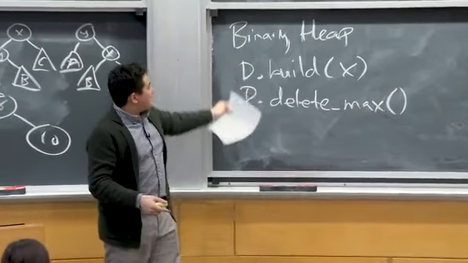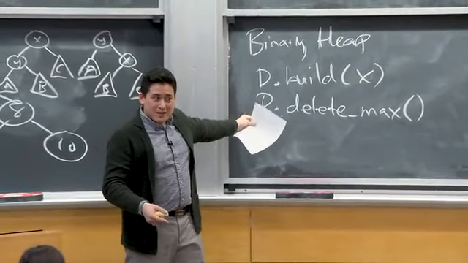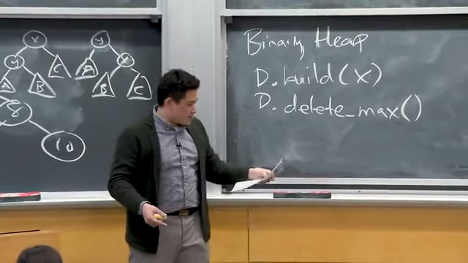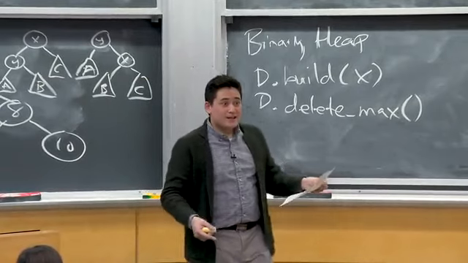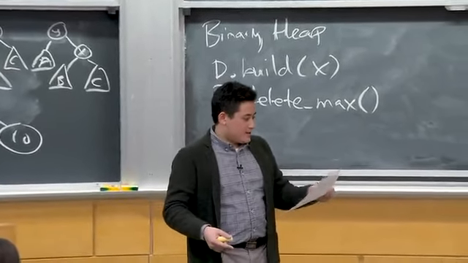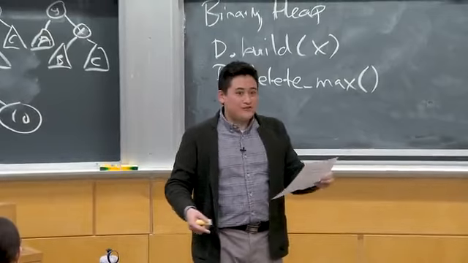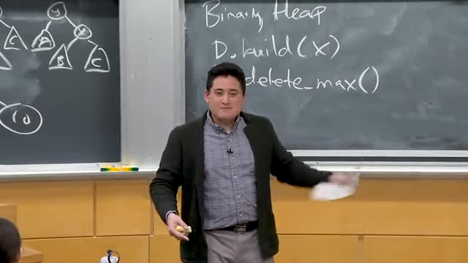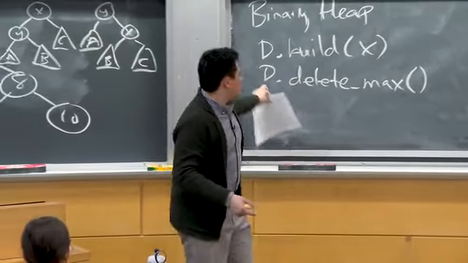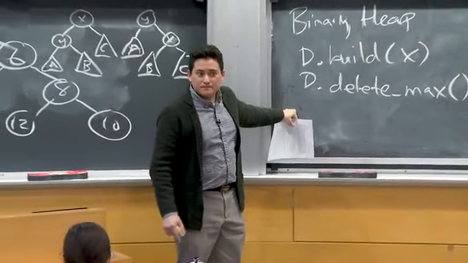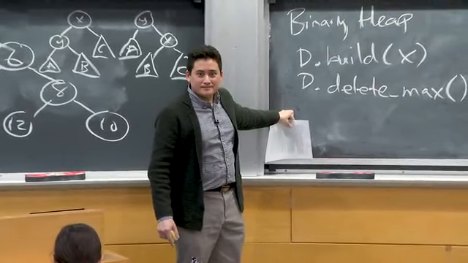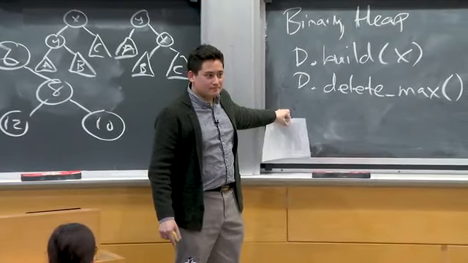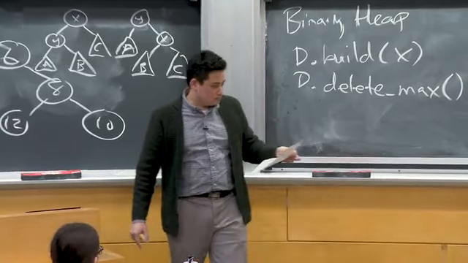If I had a data structure that implemented these two operations, can someone tell me an algorithm to generate the fixed list? Don't worry about running time right now, but that just uses these two operations. So we built this data structure.